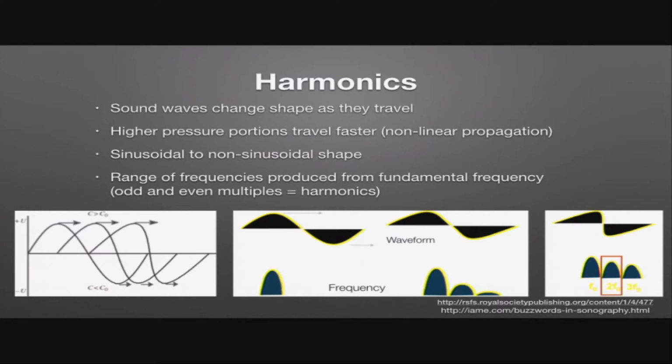So as you're progressing from a sinusoidal to a non-sinusoidal shape of the wave, you're going to get a range of frequencies produced which are different from the original frequency, which is known as the fundamental frequency. So we describe these as odd and even harmonics, or odd and even multiples of the fundamental frequency known as harmonics. I don't know if you've ever heard a guitar player.